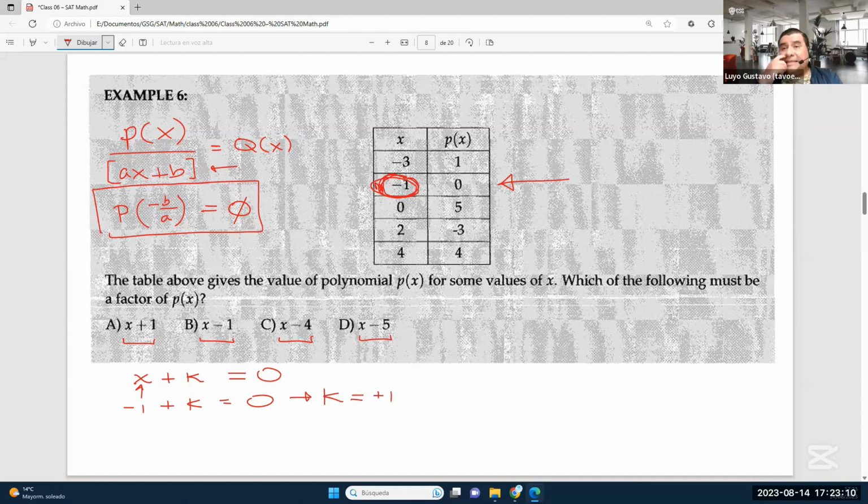So this is the term. According to this, the correct answer would be x plus 1. Okay, be careful not to rush. Since you identified that the value of x that makes the potential factor of p zero is -1, don't rush to say that x minus 1 is the factor. No, no, no. The factor should be made 0 when you substitute this value in such factor.